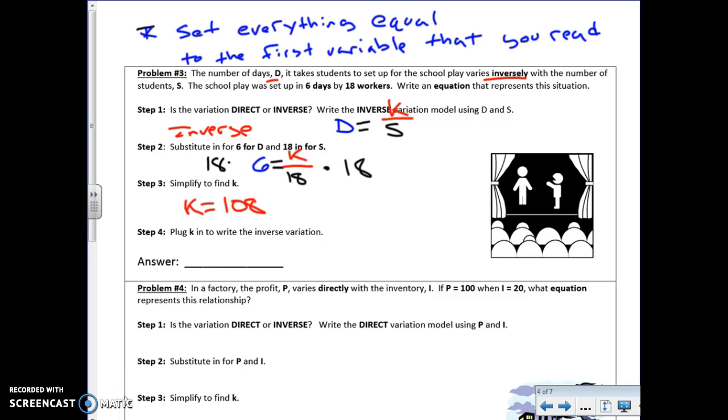After simplifying, hopefully you got k equals 108. 18 times 6 is 108. We're going to plug in k to write the inverse variation, so we're going to say d equals 108 divided by s. And that equation can help us solve other problems. But that's how you set up the equation.